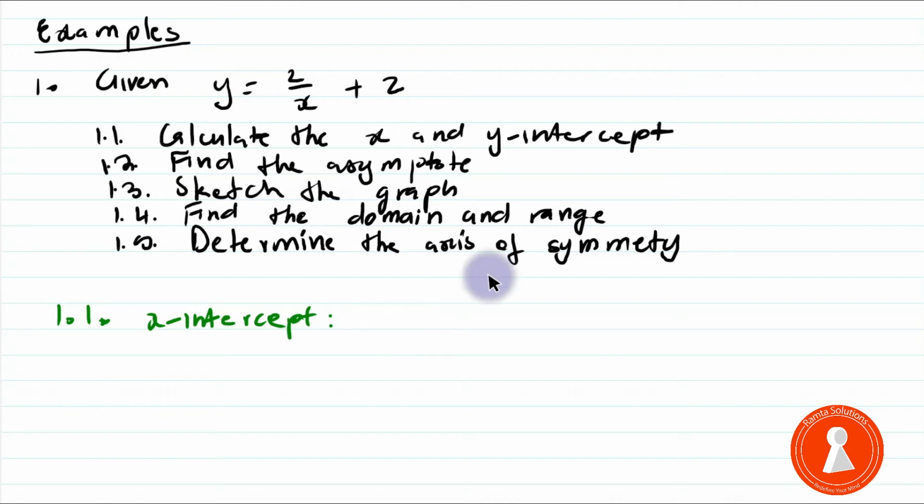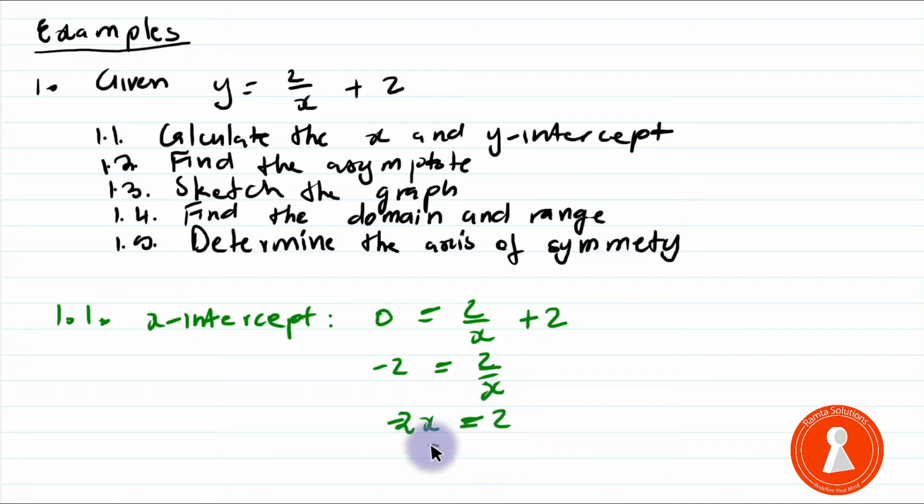So 0 equals 2 over x plus 2, meaning minus 2 equals 2 over x. Right? Now what do we have? We have negative 2x equals 2. Therefore, x equals negative 1. So you can leave it like this because the question said determine the x and y-intercept. This is at x equals negative 1. Or in coordinate form, you can say this is minus 1 and 0.